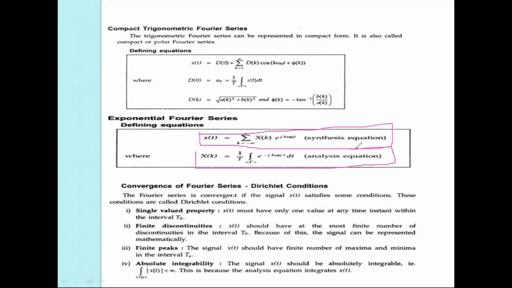The analysis equation, mostly we use for the proofs of Fourier series. X of k is equal to 1 by T integral of x of t e power minus j k omega naught t dt, nothing but the Fourier series coefficient. Understood, my dear students?